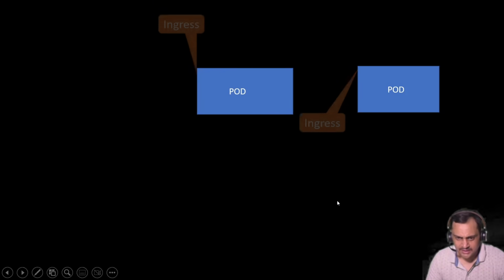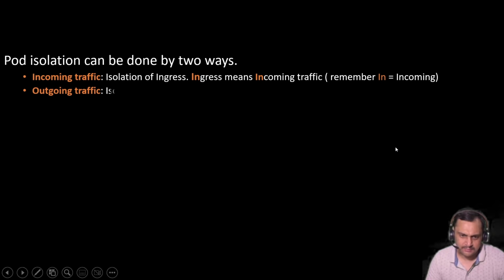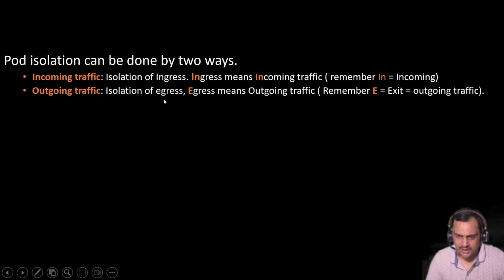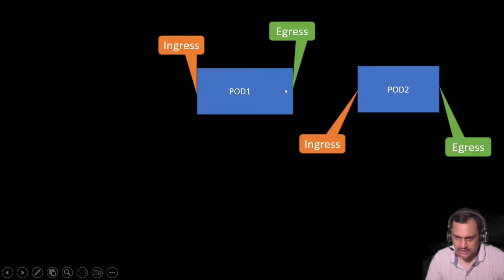When I say ingress, it means incoming traffic. See the direction here. The second way we can apply isolation is outgoing traffic, isolation of egress. Egress means outgoing traffic, and remember E equal to exit equal to outgoing traffic. In this 3D diagram, we can see that egress is going outside here.